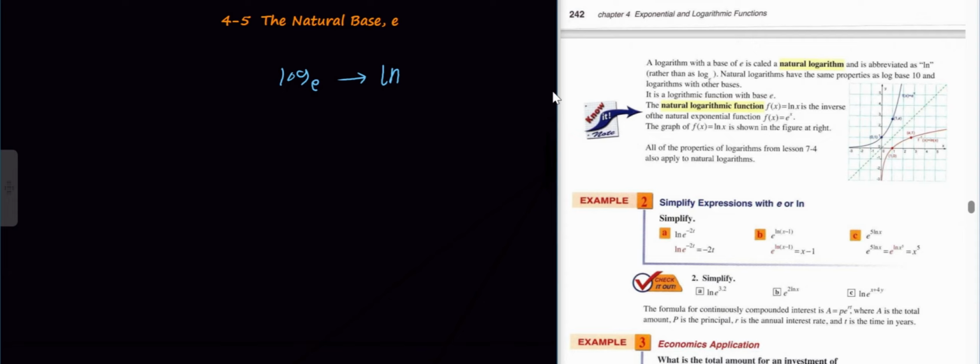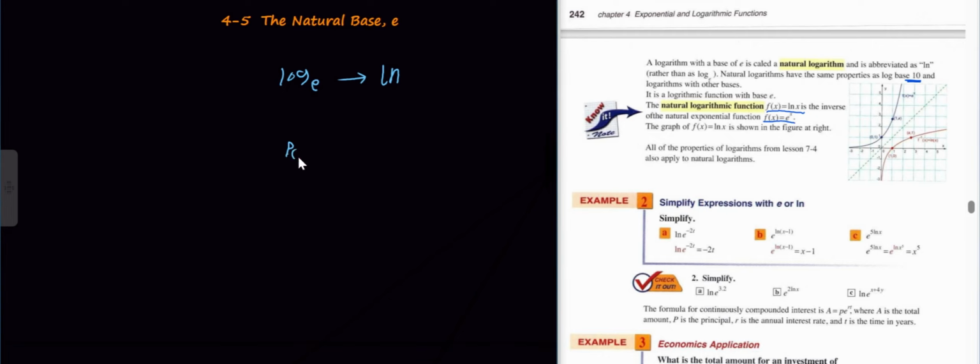Natural logarithms have the same properties as log base 10 and logarithms with other bases. The natural logarithmic function f(x) equals ln x is the inverse. Look at this important point: ln x is the inverse of the natural exponential function f(x) equals e to the power x.